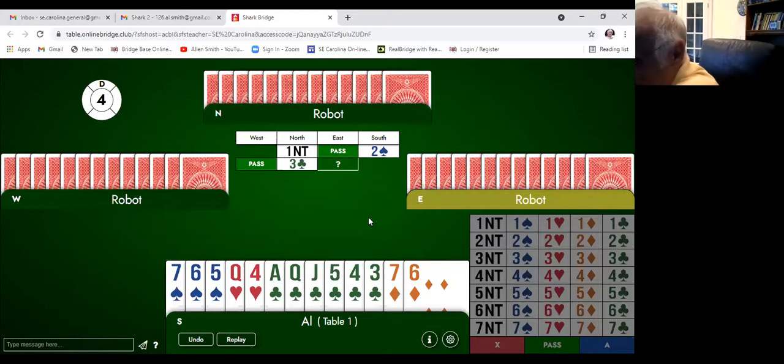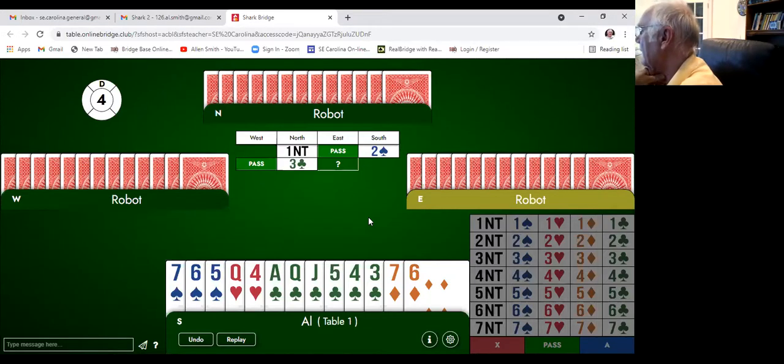Well, that's great. We've got more than enough points per game in no trump. So what we really want to do is, if possible, play this in no trump, because no trump is worth a lot more points than playing it in clubs. So what are we going to bid? At this particular point in time, I'm not quite sure what we're going to bid.